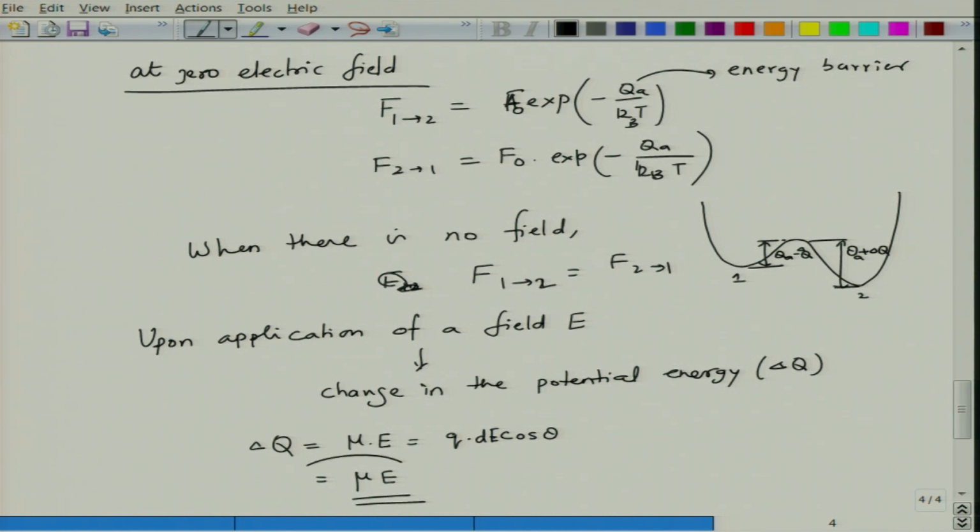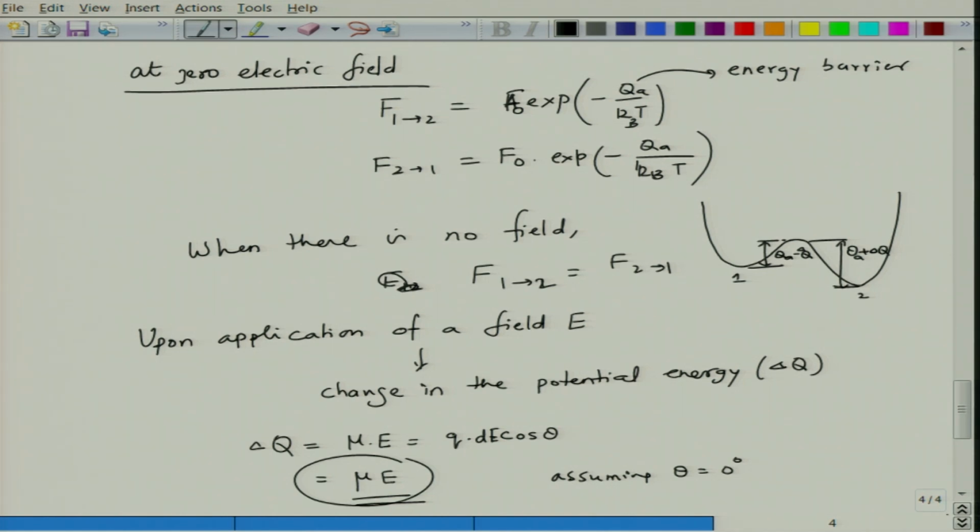So, this is the change in energy when you apply the electric field, assuming that theta is equal to 0 degrees. If this is the case, let us build upon it further.